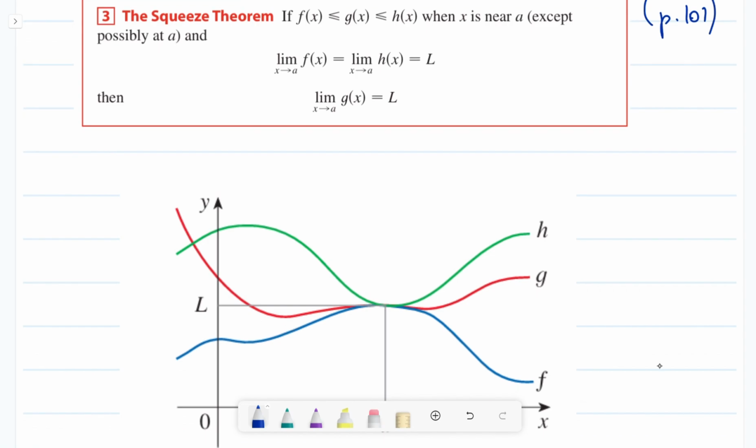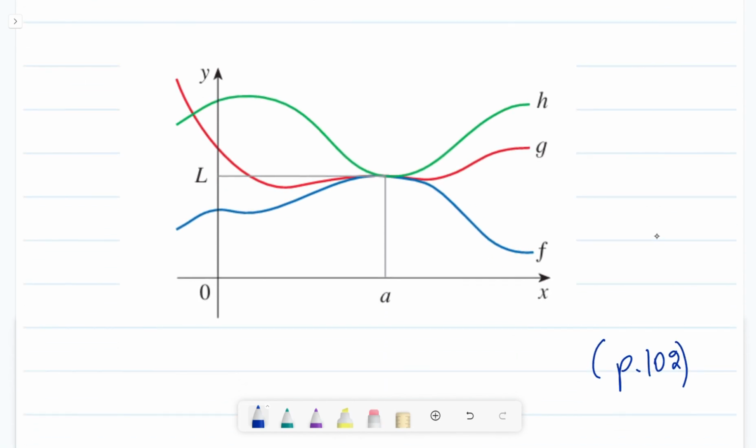In case you did not understand this, let's look at this graph to better understand it. As you might notice, this is h in green, this is f in blue, and g is in between in red. And you might notice that h, for most of the time, is bigger than g, and f, for most of the time, is smaller than g. And g is in between f and h.